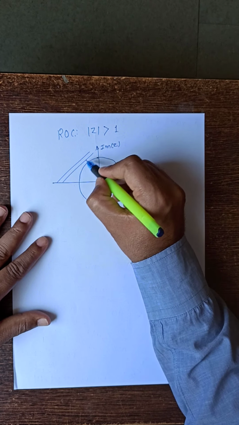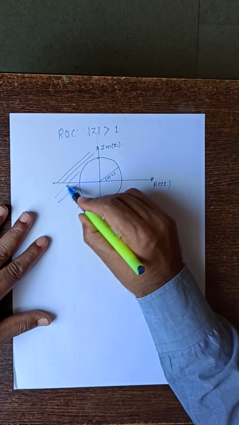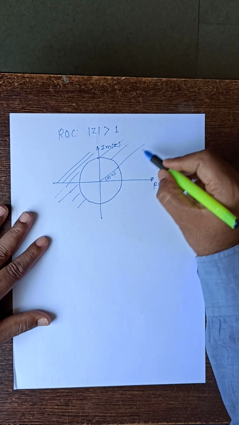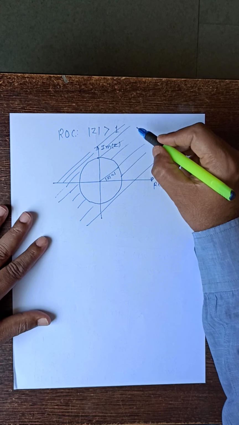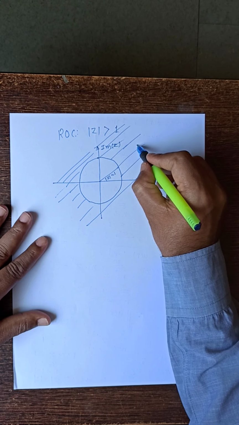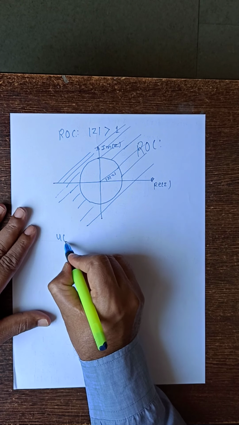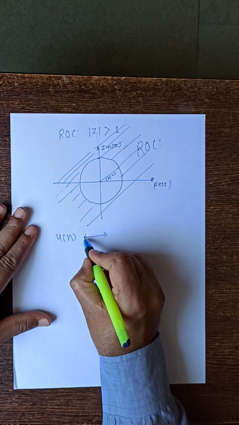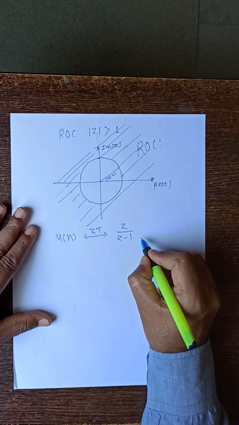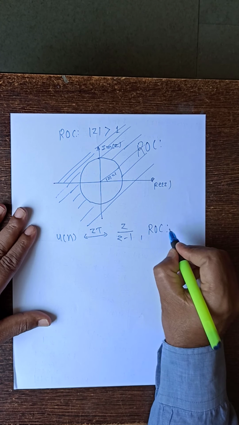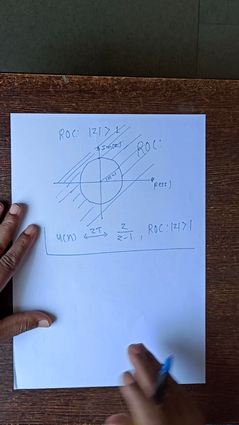So this is the ROC. So u of n, its z transform is z divided by z minus 1 with ROC magnitude of z greater than 1. Okay, thank you.